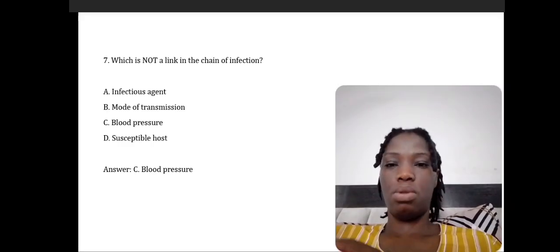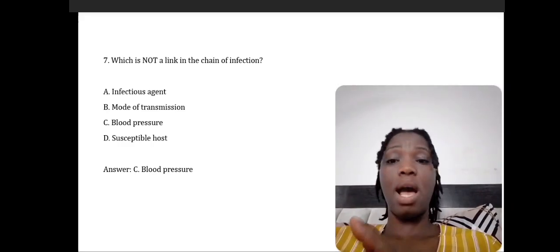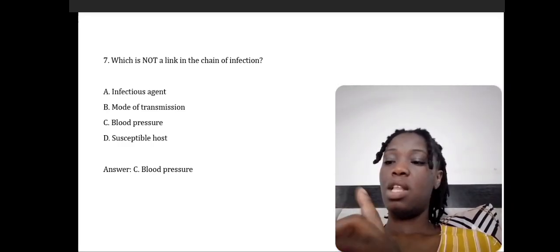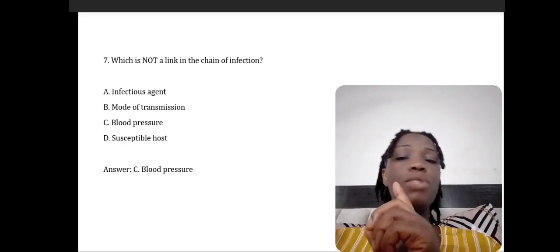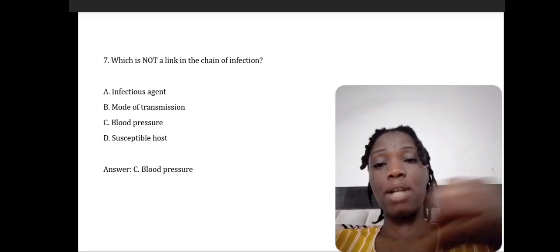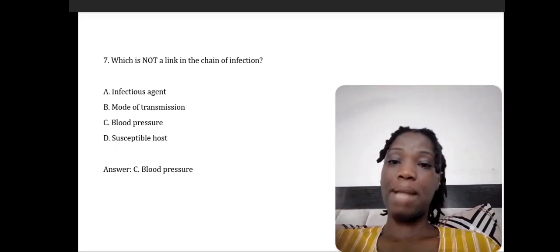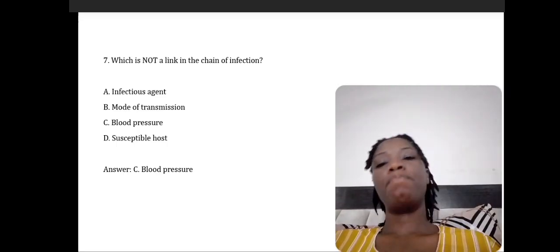Mode of transmission, how they are transmitted: airborne, droplets, or contact with one another, like sexually transmitted infections.